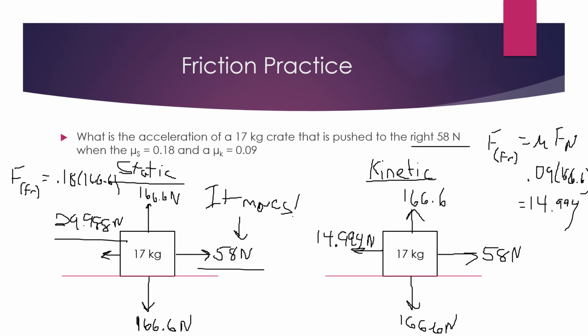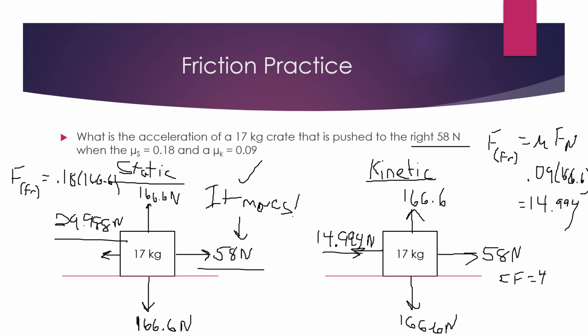So what I'm saying is this. We figured out that it moved because the push was bigger than the static friction. Then we figured out the kinetic friction and put it into the free body diagram right here. Now I'm going to get the net force the way I did last week when I did the push, the x vectors, and I'm getting a net force of 43.